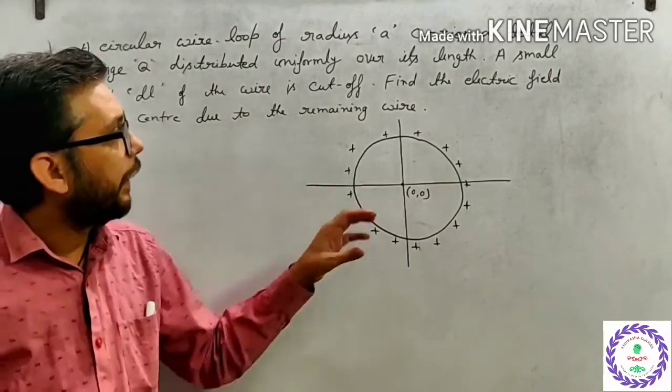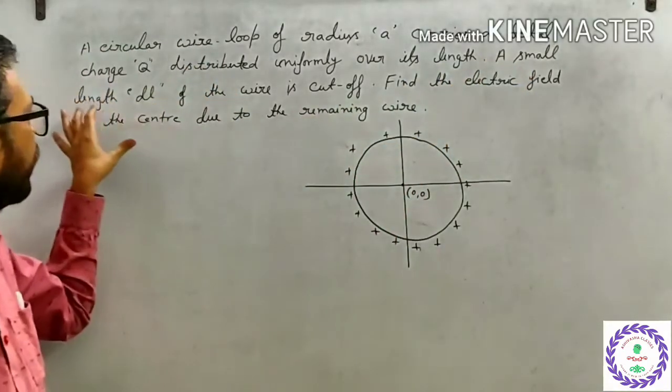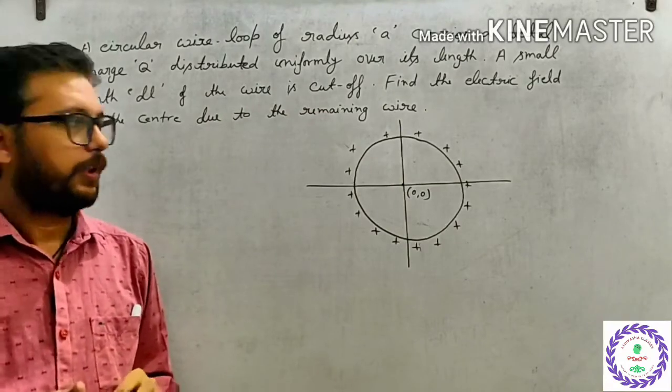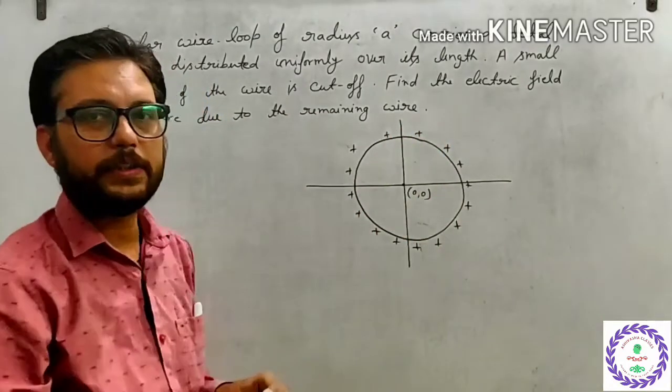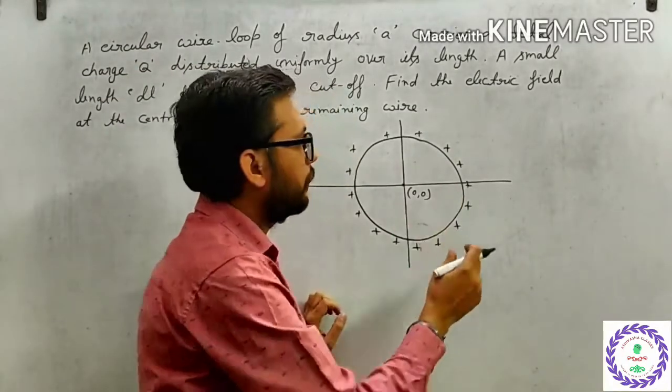That's why it is said in this question that a small length dl of the wire is cut off. So when we cut off some length of wire from this loop, we have a new diagram like this.